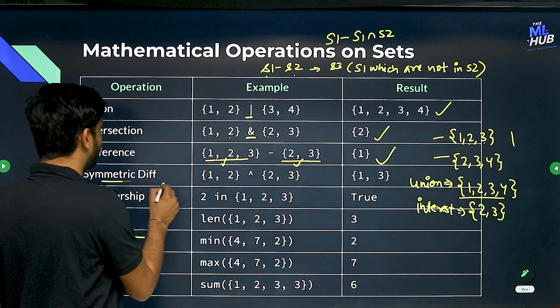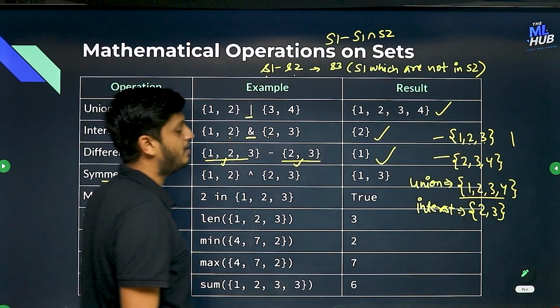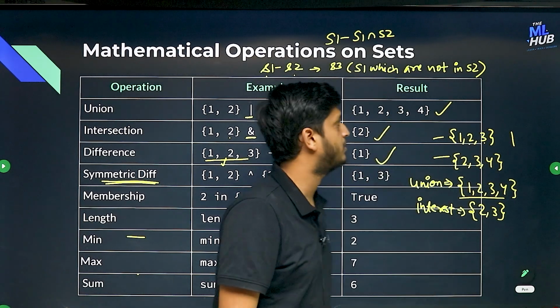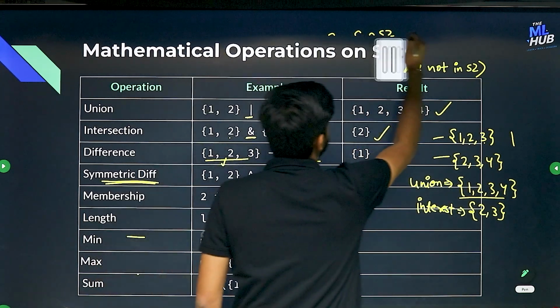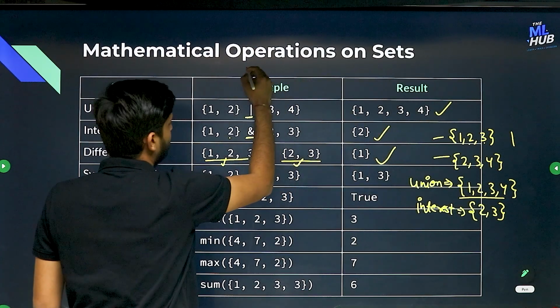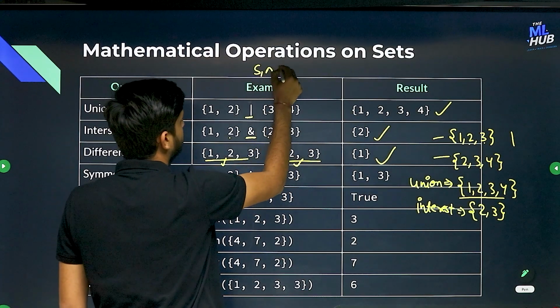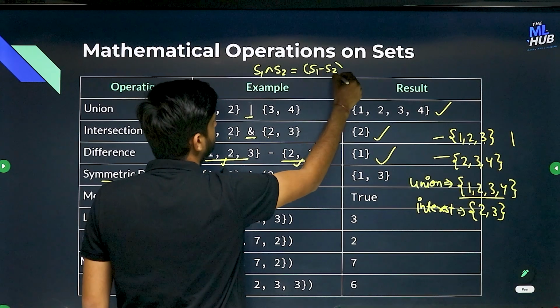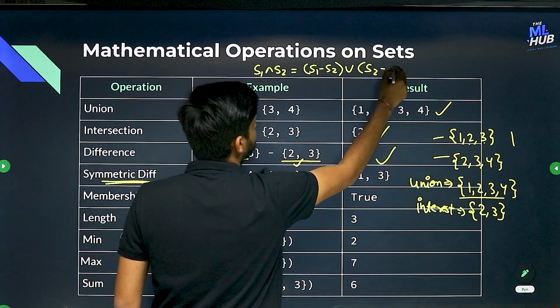Next is symmetric difference. Symmetric difference between two sets means S1 minus S2 union S2 minus S1.